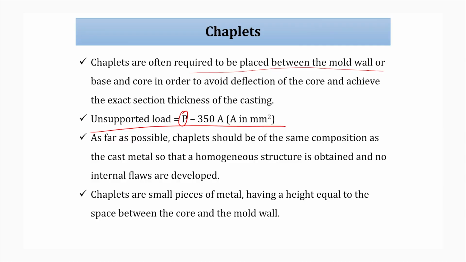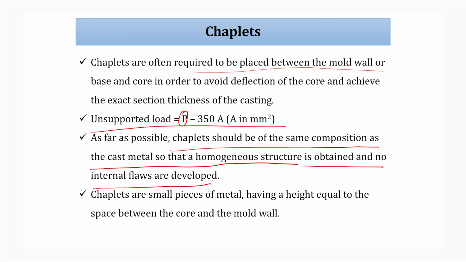You have to manage that unsupported load by the chaplet. As far as possible, the chaplet should be the same composition as the cast metal, so that a homogeneous structure is obtained and no internal flaws or inhomogeneity develop.